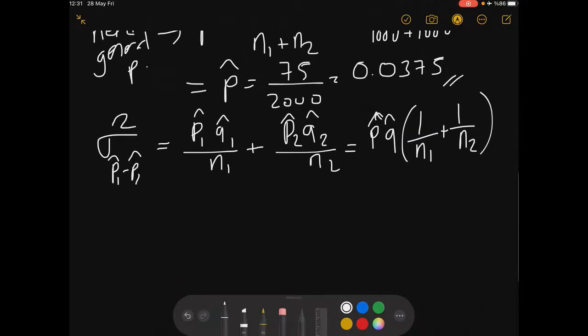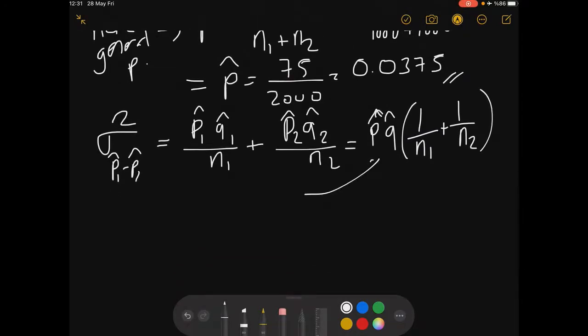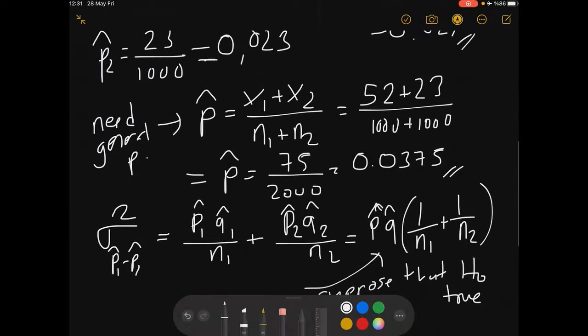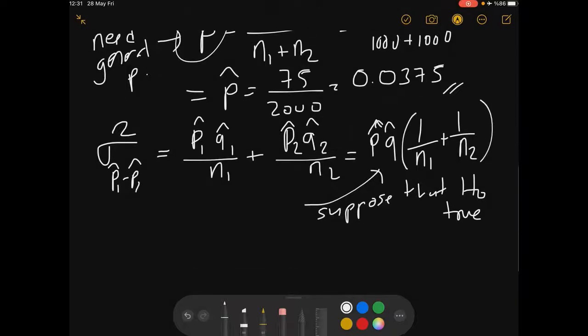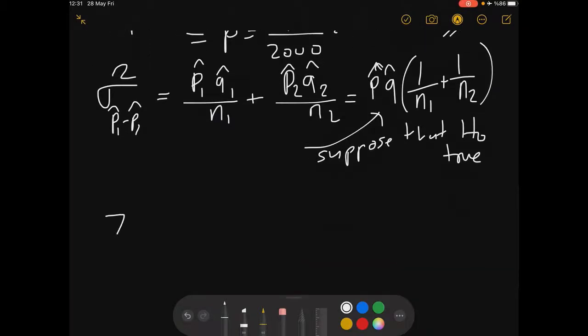All right, that's wonderful. That's why we're doing this, right? We suppose that H0 is true, and we're trying to reject this. That's why we combine the probabilities here. That's the idea.